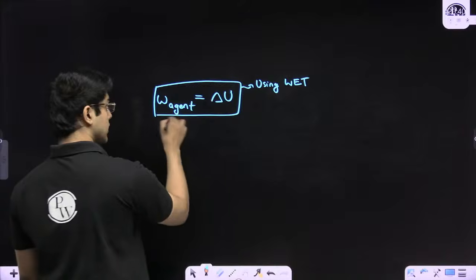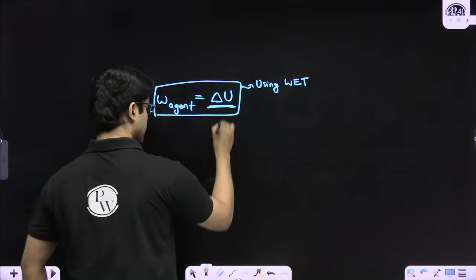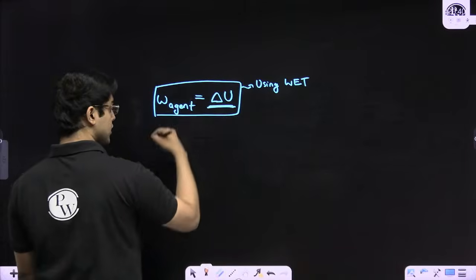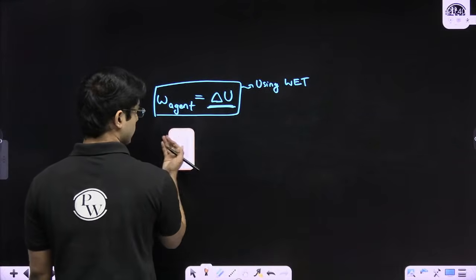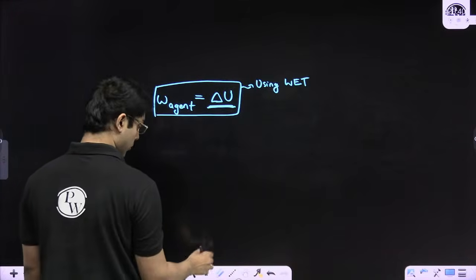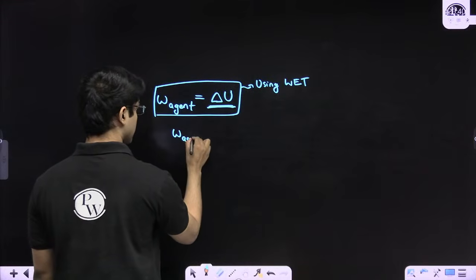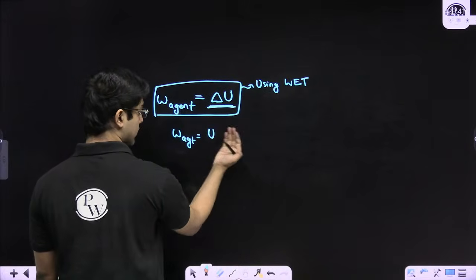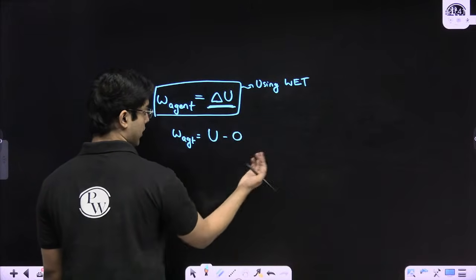The work done by the agent in that process is equal to the change in potential energy. So this is an alternate definition for delta U. Actually, we can open this up a little more. Work done by agent is equal to delta U. Finally, the final potential energy is some U. Initially, it is 0, right? Because they are infinitely far away.